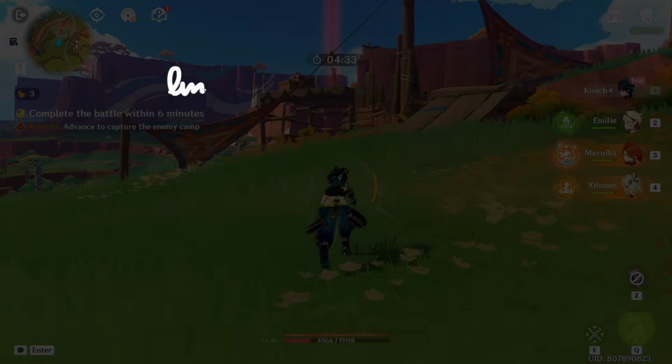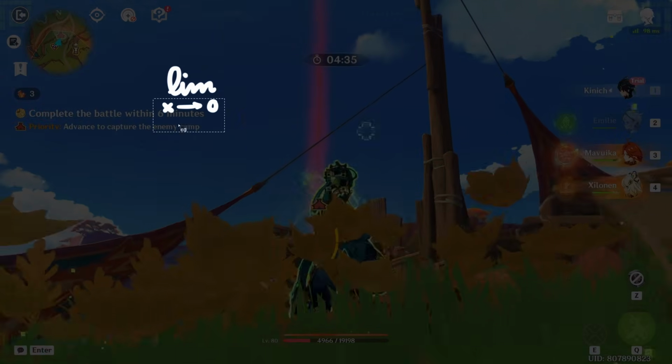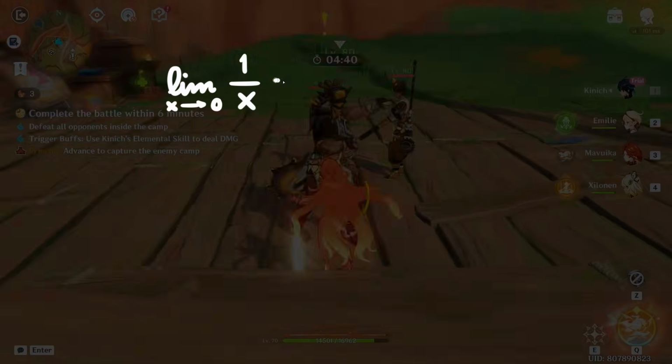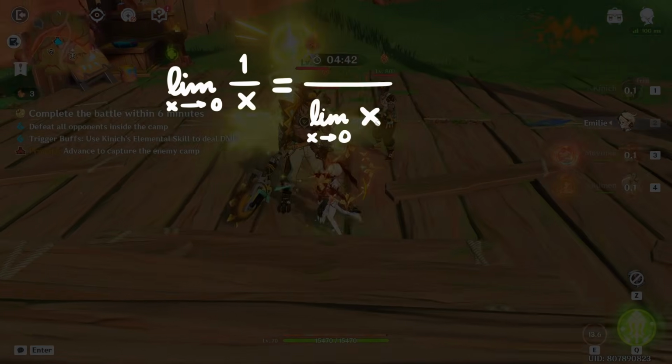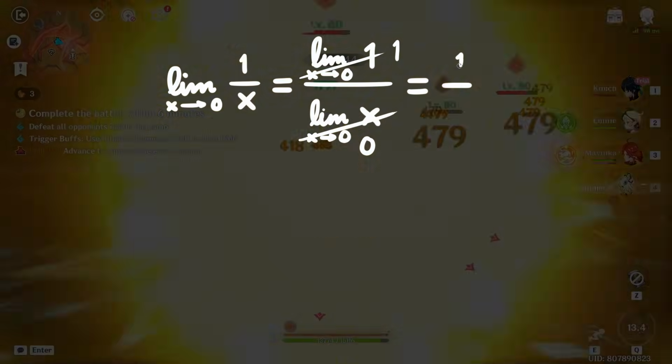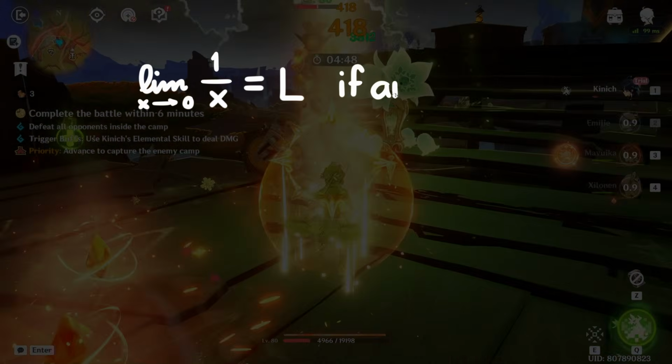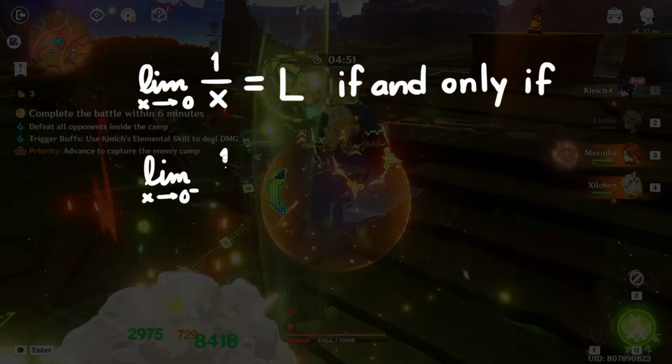Here's an interesting one. The limit of 1 divided by x as x approaches 0. While this looks undefined, let's see if manually calculating values will give us any idea.